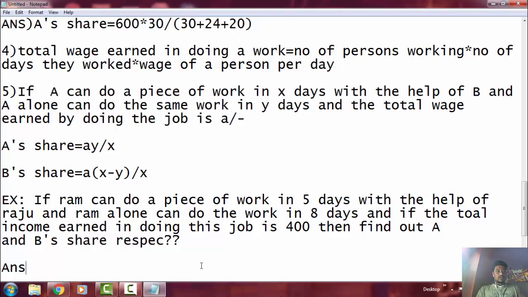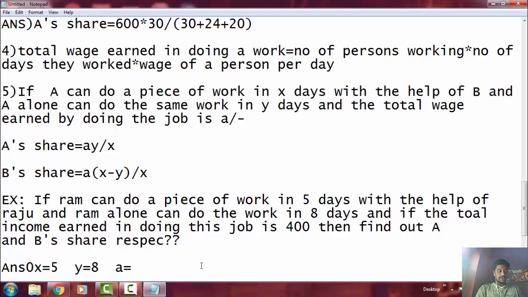Now in this case, what is going on? Ram can do a piece of work in 5 days with the help of Raju. So here x is equal to how much? 5. And y is equal to how much? 8 days. Total income, that in the previous formula, what is A is equal to over here?